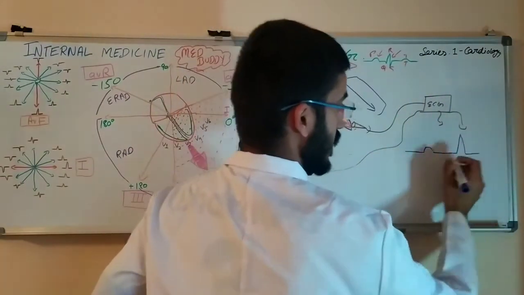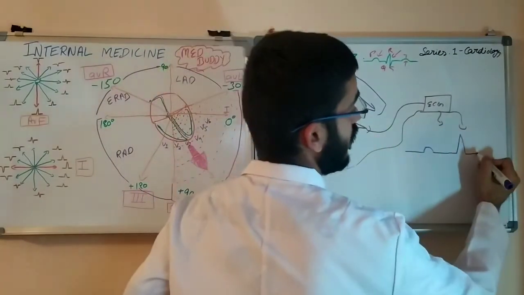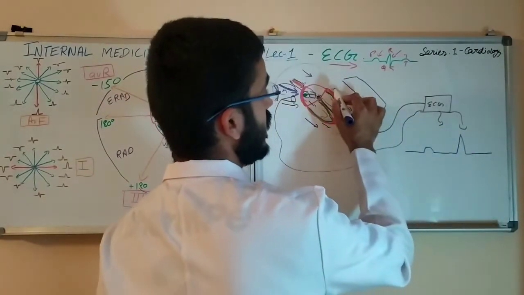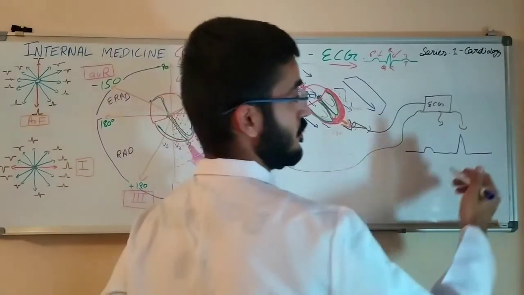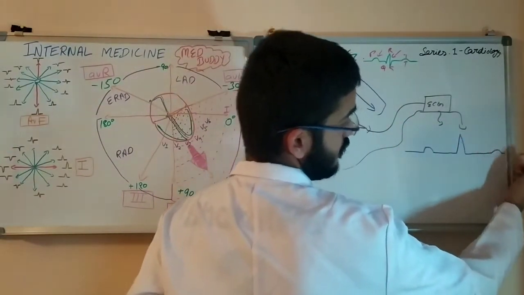And then there will be a delay before the repolarization, and repolarization of the larger myocardium is again going to produce a small vector which will be like this.